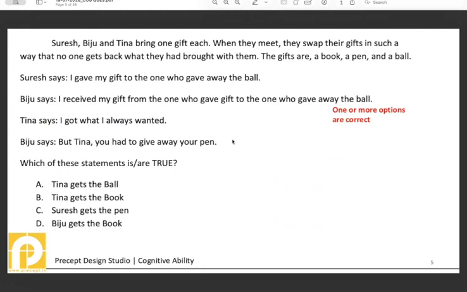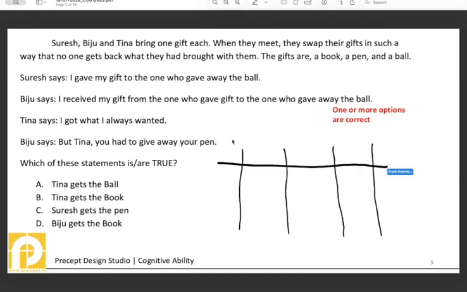Okay. Now let me just first make a matrix. So we know what they had brought and what they had got. First, we'll start decoding with that. Let's just make a matrix first. This is what they got as gift.